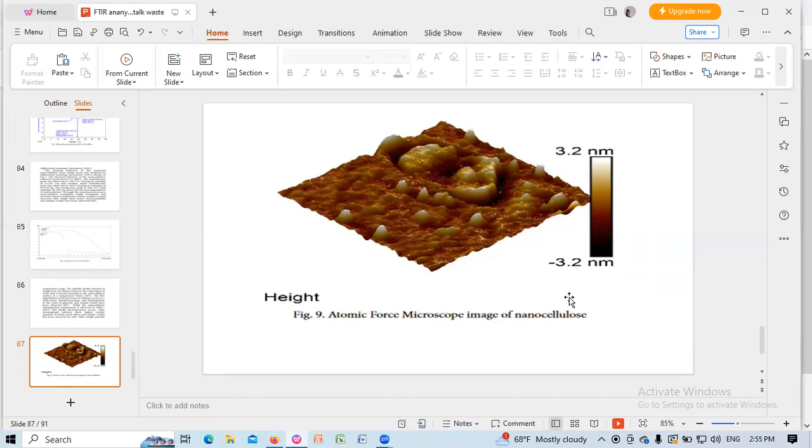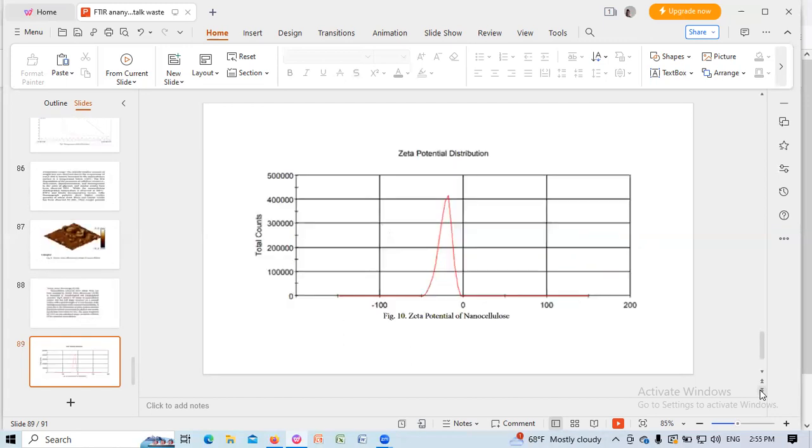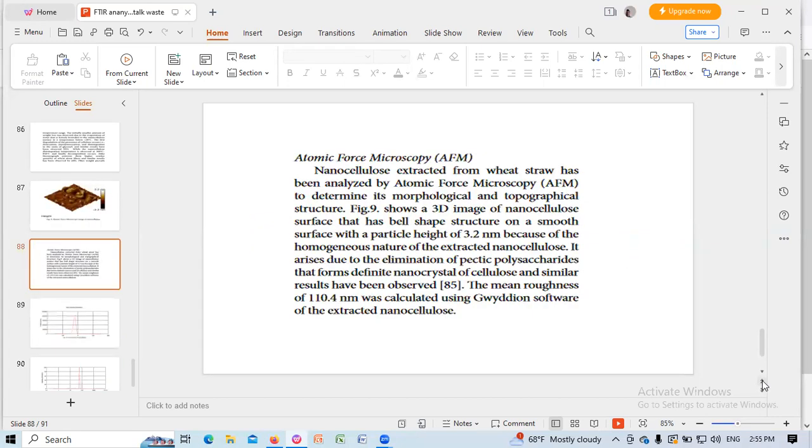The 3D image shows that the particle height is 3.2 nanometer from the morphological and topographical structural study. This is the explanation of atomic force microscopy of nanocellulose.